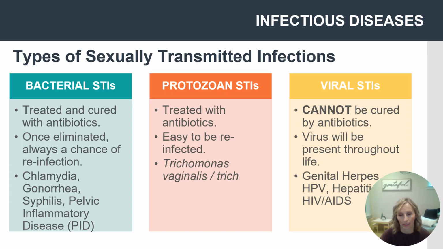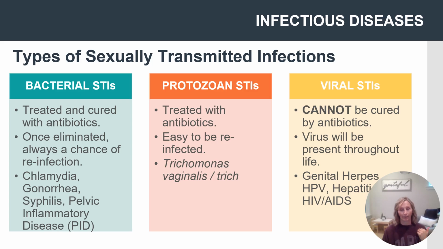We already talked about the bacterial STIs, the protozoan, and the viral. The bacterial ones, like chlamydia and gonorrhea, can actually lead to infertility. So it's super important that someone gets treated once they have one. And also infants and newborns can contract these from their mothers before, during, or after birth.